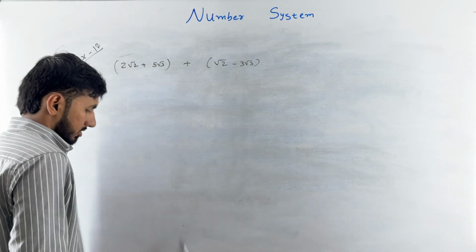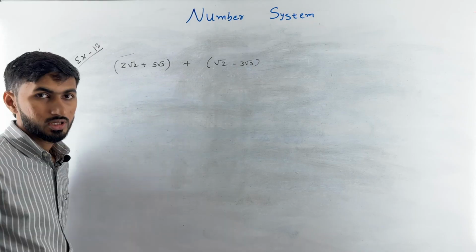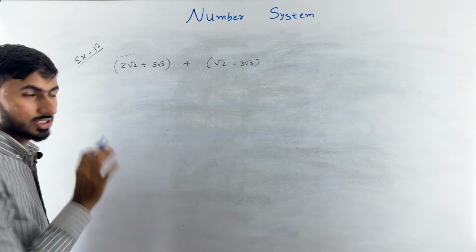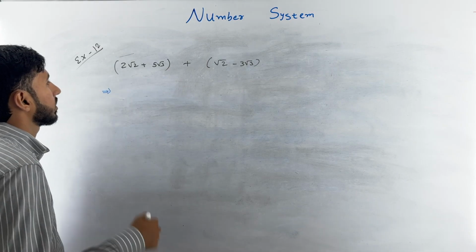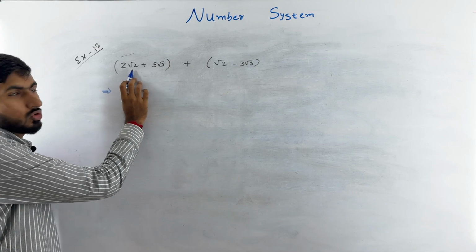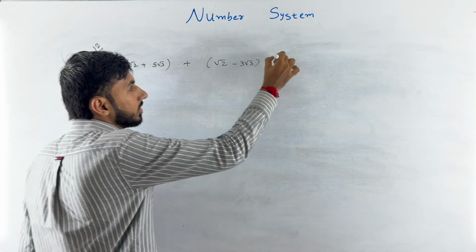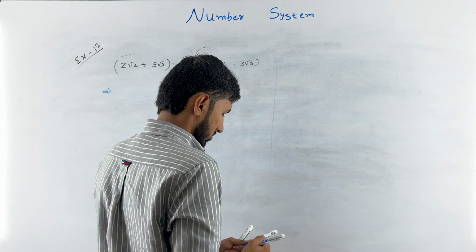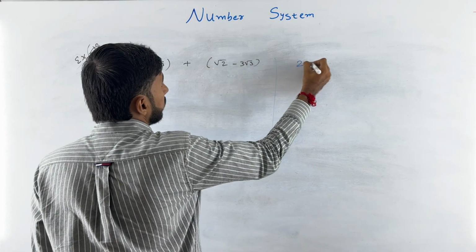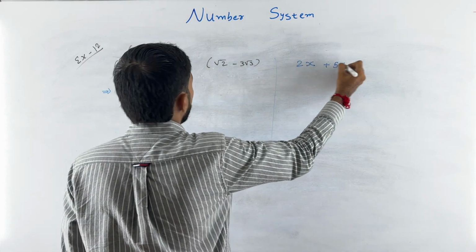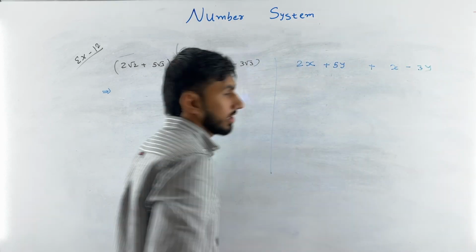So if I want to add these two numbers, it will be as simple as rational numbers, right? So what we will do? 2 plus root 2 plus 5 root 3 plus root 2 minus 3 root 3. You can treat it as 2x plus 5y plus x minus 3y, right?